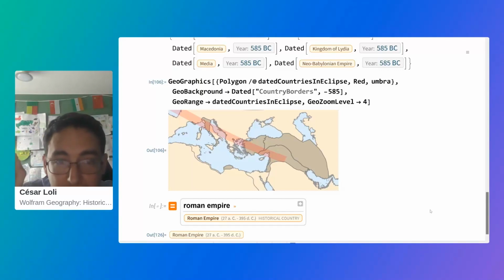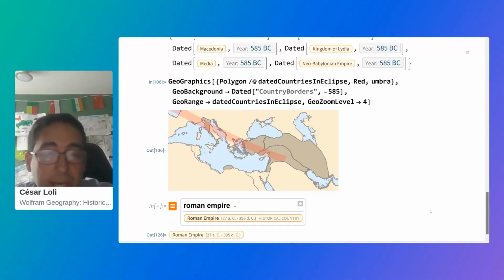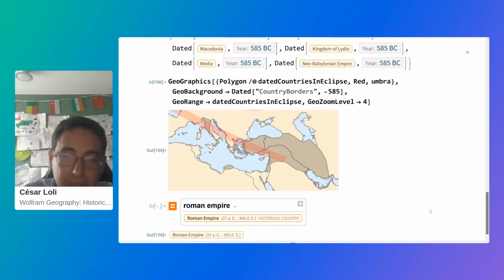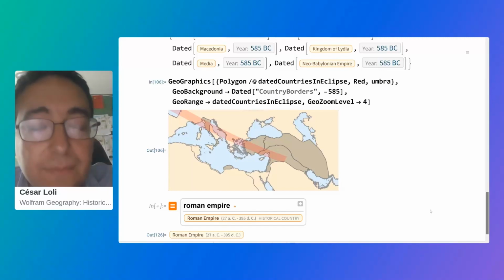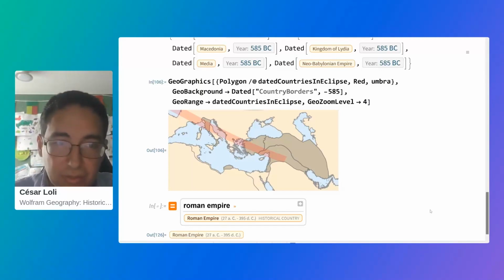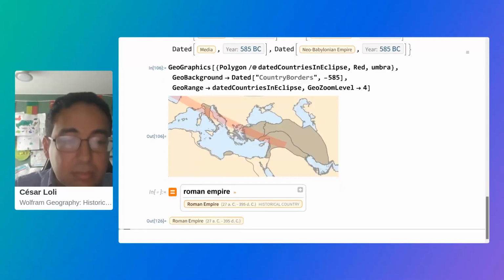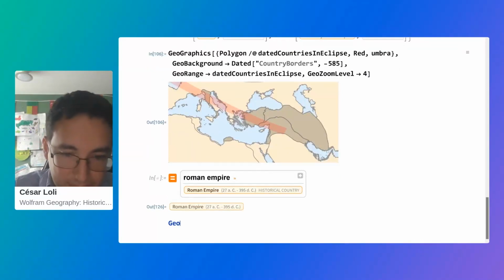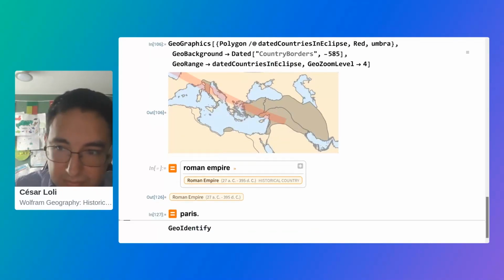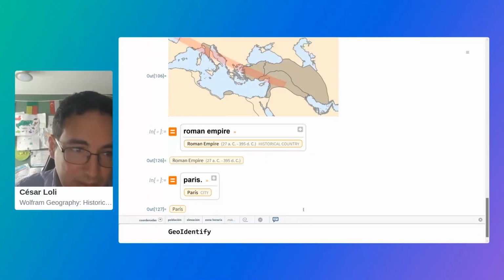If you want a specific entity and you have problems locating it by name, you can certainly use our geographical function. For instance, if you want the Kingdom of France at the year 1300, we certainly know that Paris is part of the kingdom.